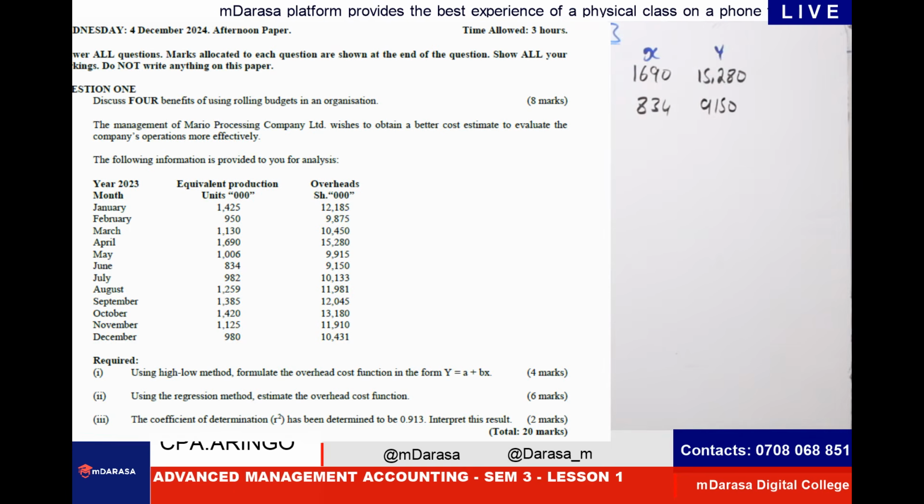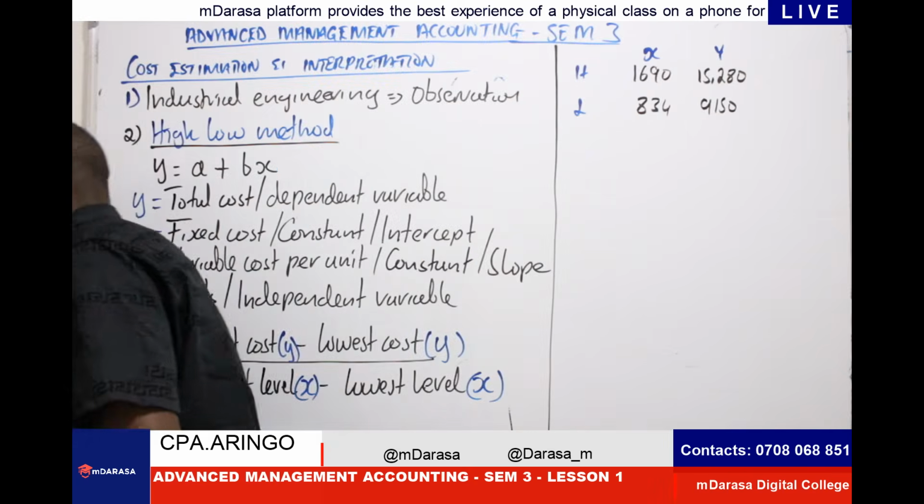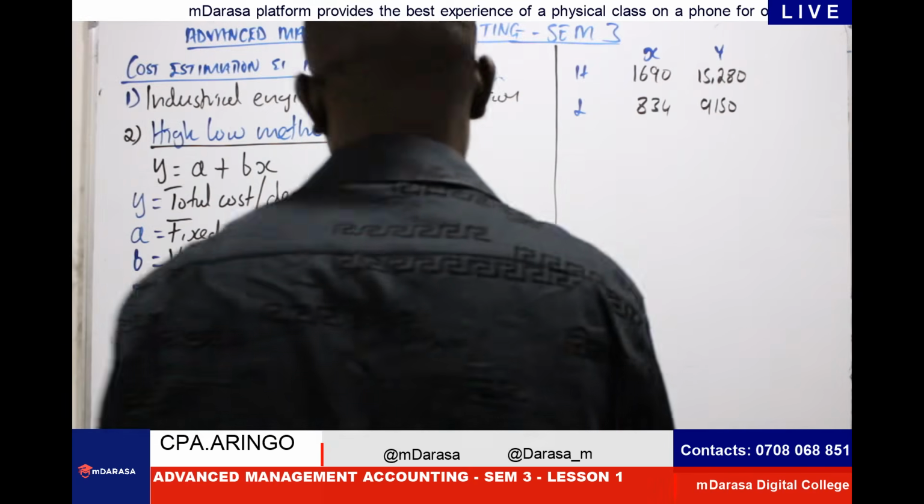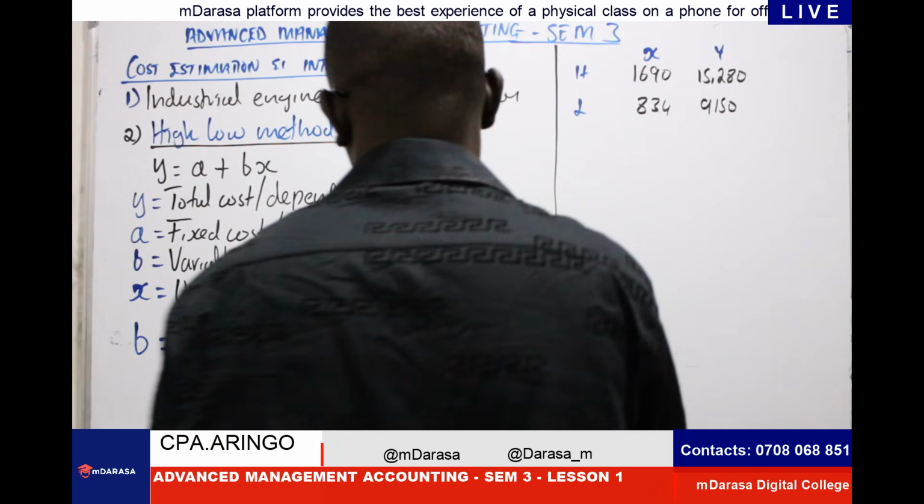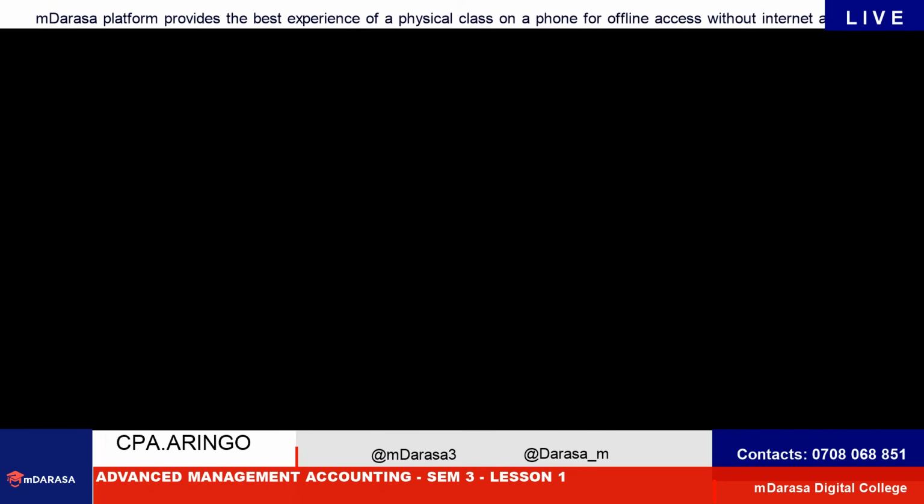So looking at 834 and 9150, what is important next is for us to come back to what Mwalimu has guided us here: how to go about B and how to go about determination of B. That is what will be required to understand at this point. So in that case, we do this together.